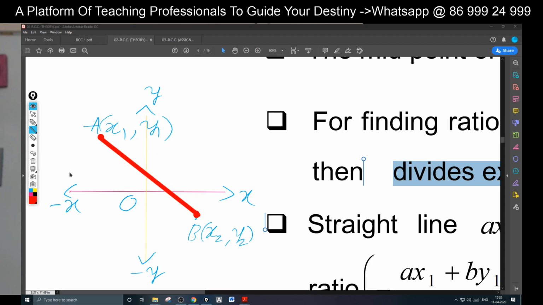Now our interest is in which ratio this y-axis is dividing and in which ratio x-axis is dividing. Simple. Very simple.